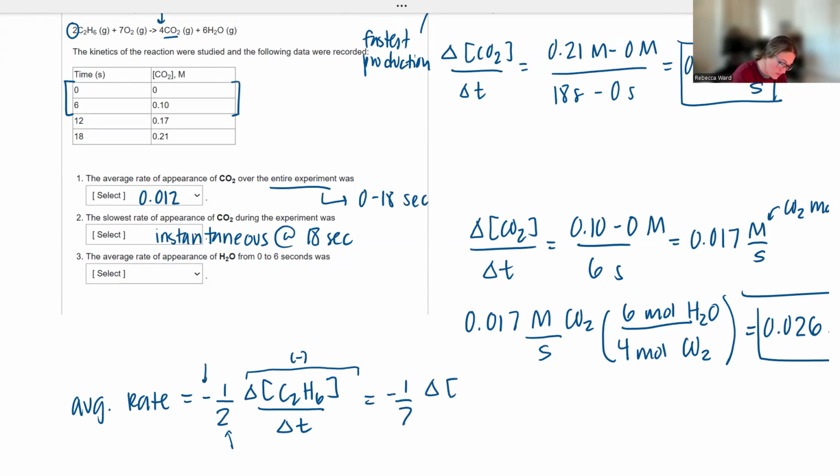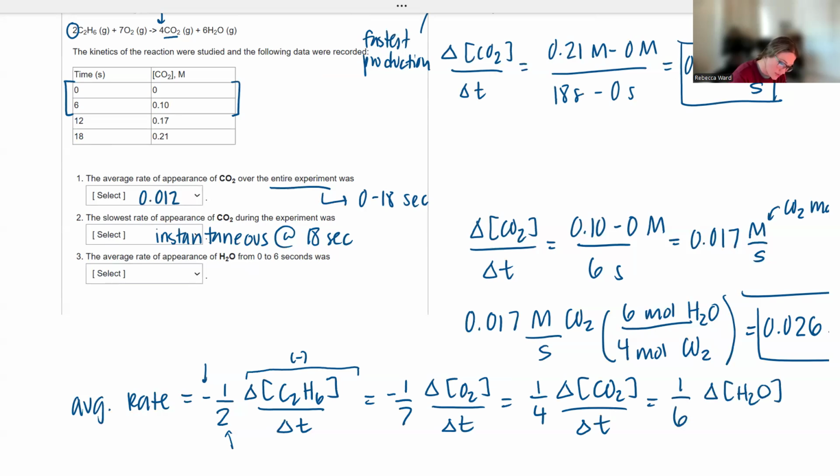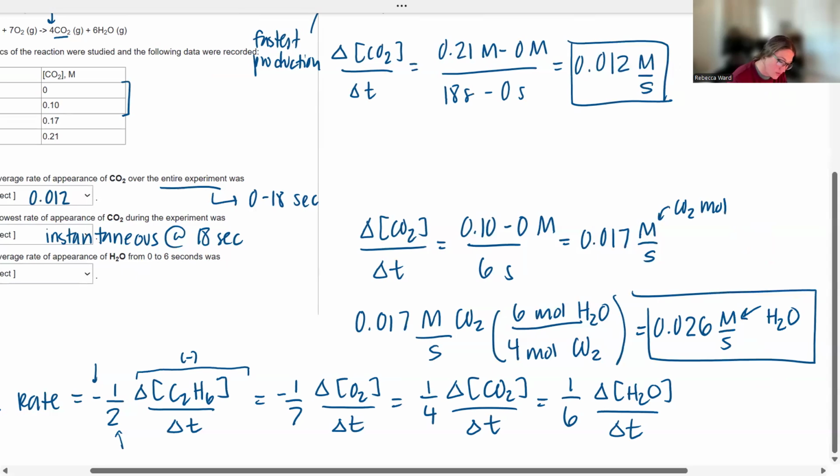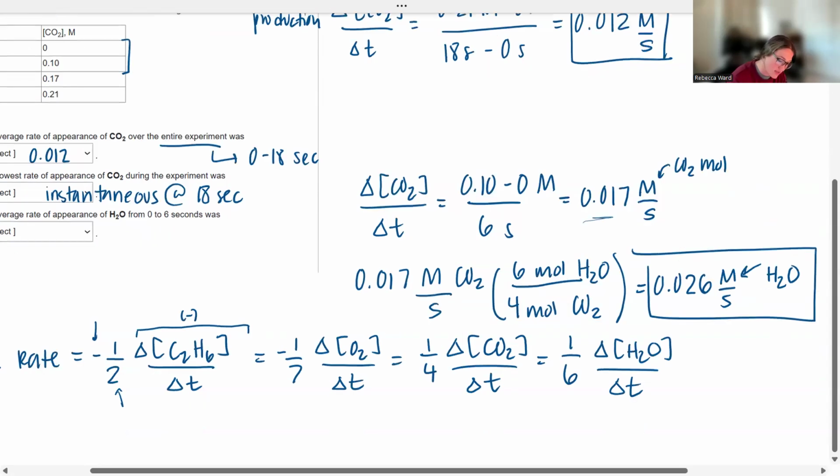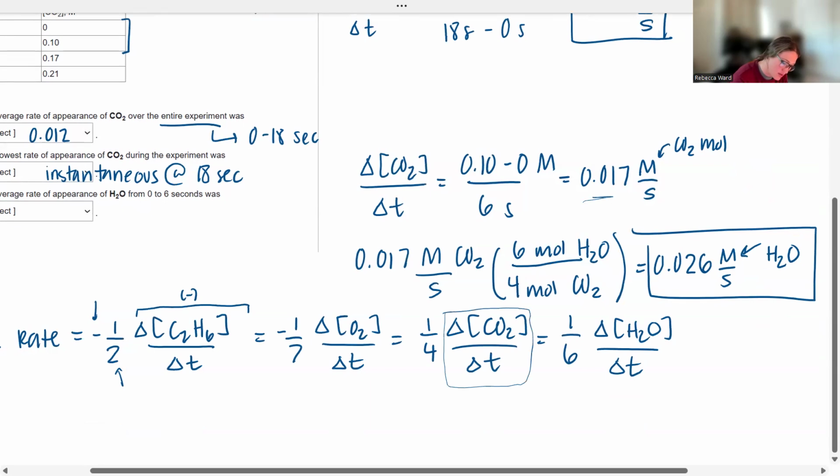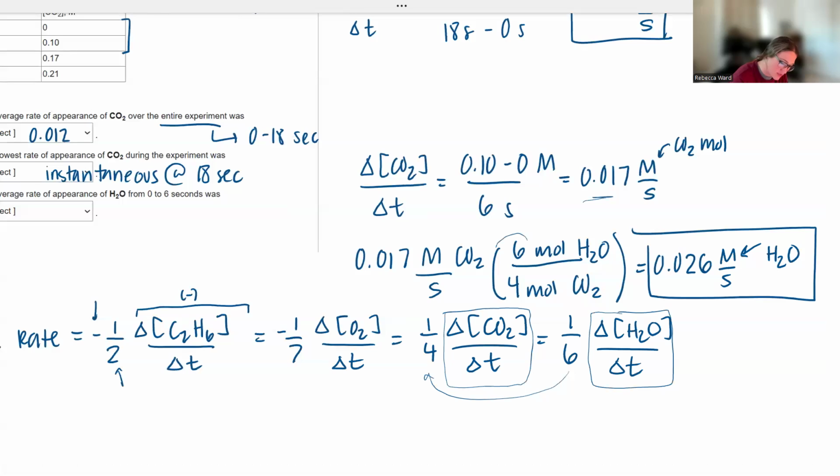So here's what I would have for oxygen, here's what I have for the production of CO2, and here's what I have for the production of water. I'm grabbing those coefficients. What we solved for in the first part, this 0.017, was this, and I wanted to solve for this, so I multiplied by 6. So there's our 6/4 ratio to tell me that the appearance of H2O over that first 6 seconds was 0.026 molar per second.